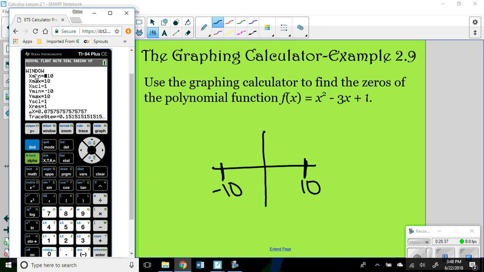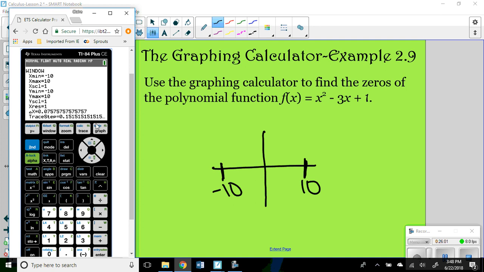And then the scale is just how often they put a tick mark. So 1 means they're going to put a tick mark at -9, -8, etc., all the way to 10. Y min is going to be -10. Your Y max is also going to be 10. That's normally what I'm going to do for my window, -10 to 10, with a scale of 1.